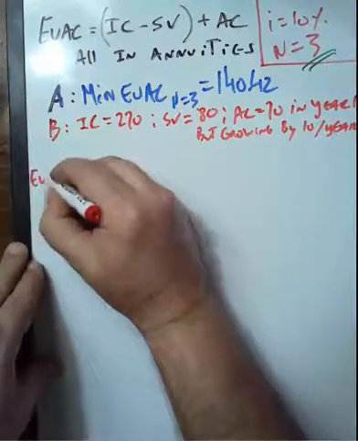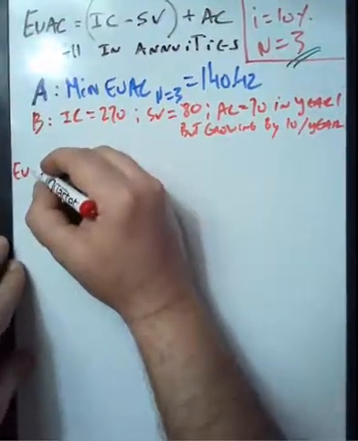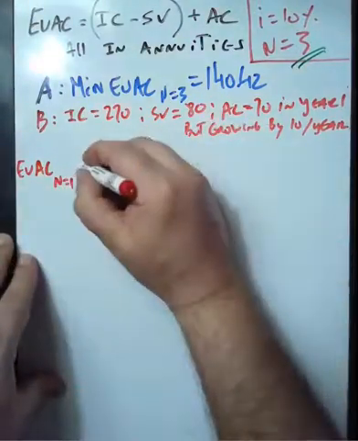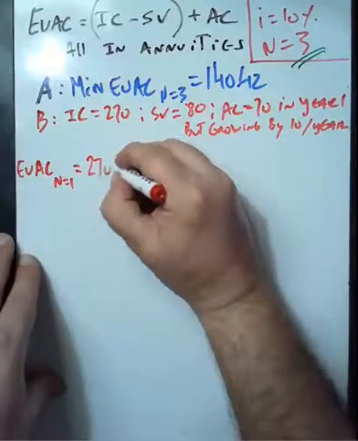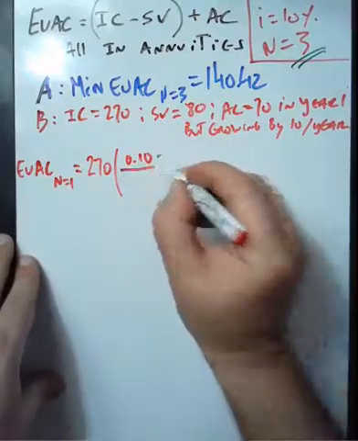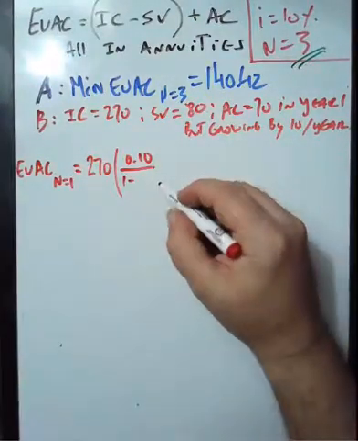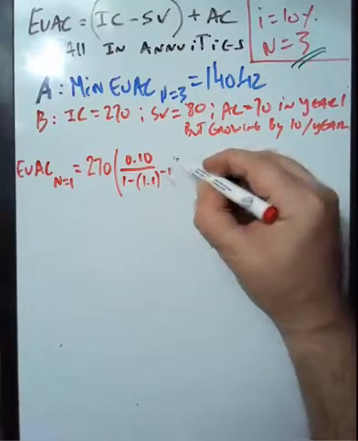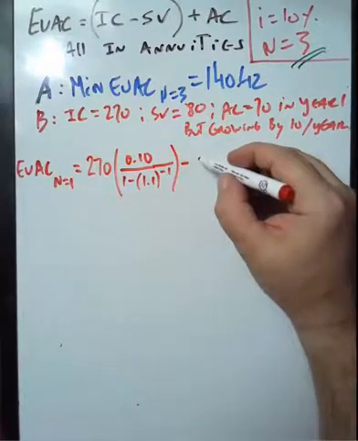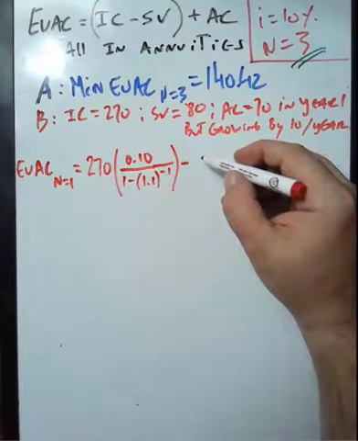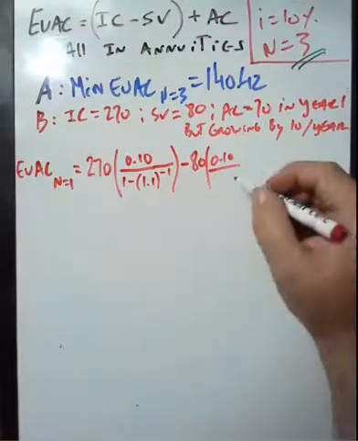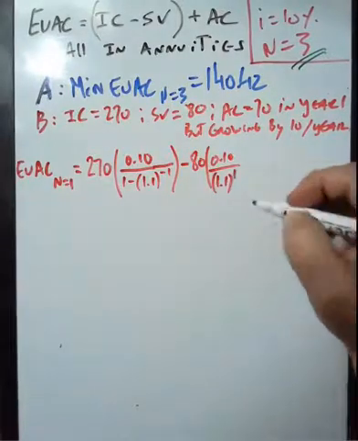So we would compute the equivalent uniform annual cost when keeping it 1 year, which would be equal to 270 times the interest rate divided by 1 minus 1.1 to the power of -1. Then we would reduce these by the salvage value, so using the annuity given the future value. So that'll be 80 times 0.10 divided by 1.1 to the power of 1 minus 1.